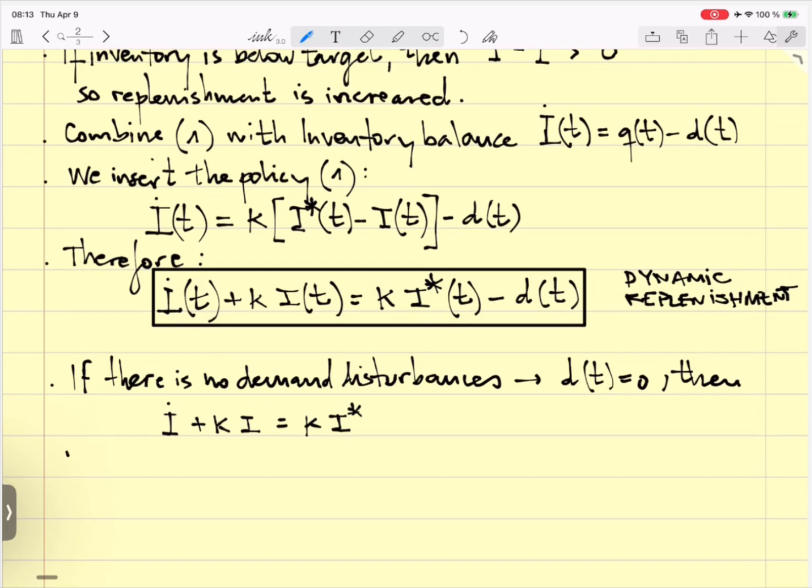We implement Laplace. Well, I guess it is better to write it in the time domain. Excuse me, let me write it again.